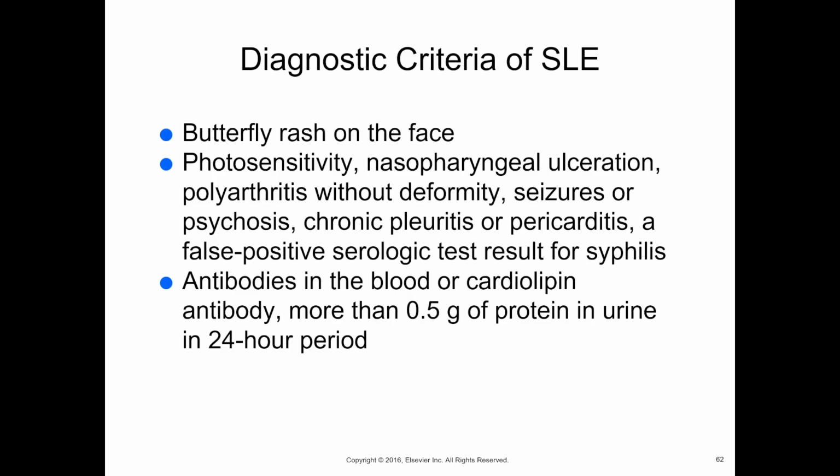We can also get a type of leukocyte called an LE cell. That's kind of a laboratory-based thing, though, where they do something to white blood cells to cause them to change.